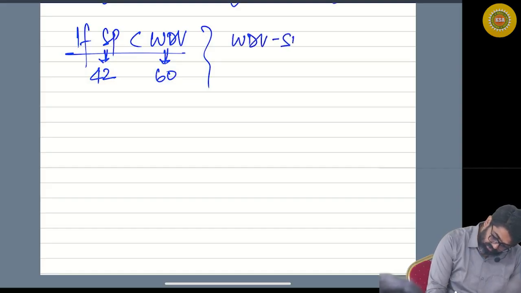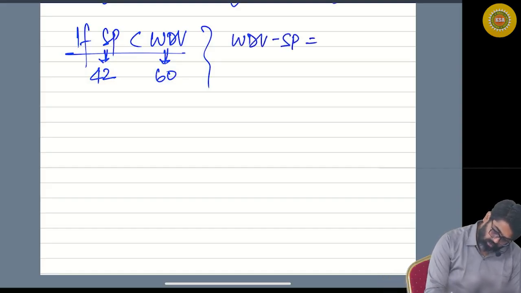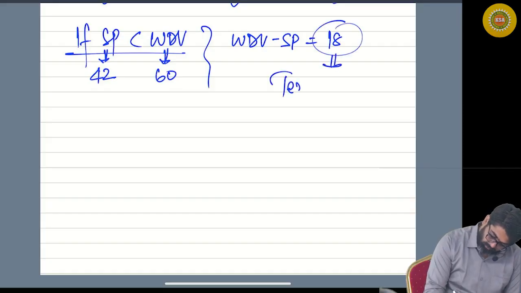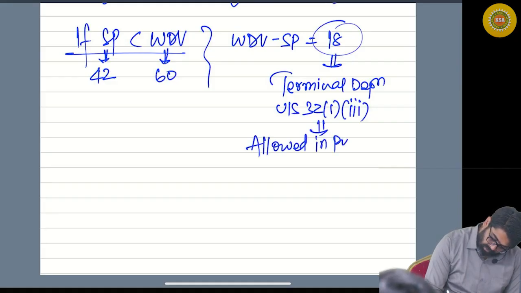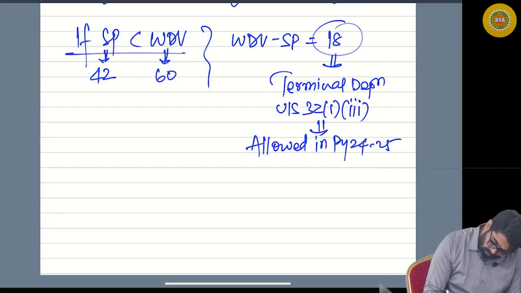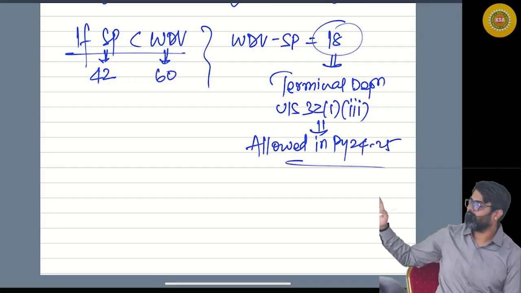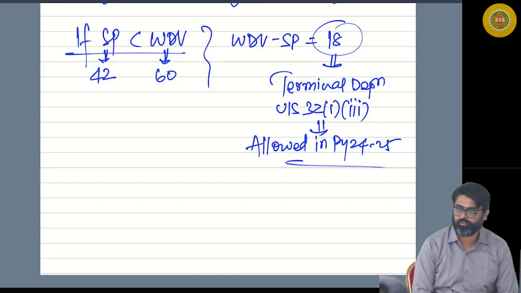WDV minus selling price is how much? 18 lakhs. This will be treated as terminal depreciation under section 32(1)(iii) and will be allowed in previous year 24-25 as the deduction. This is the full and final depreciation which we are giving.